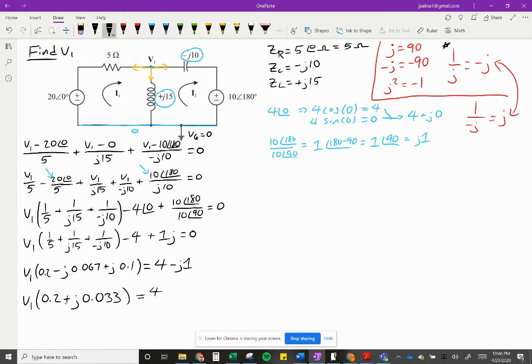And this is still 4 minus J1. Now to solve for V1, we'll just do 4 minus J1 over 0.2 plus J0.033.